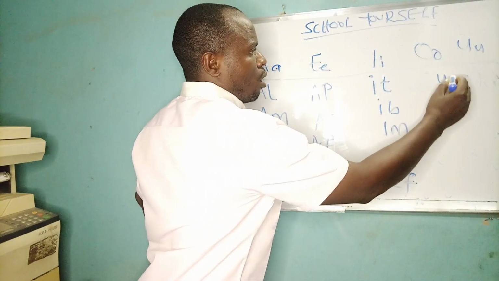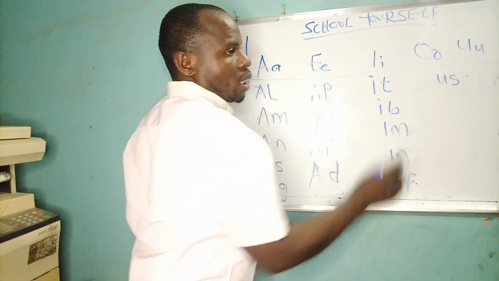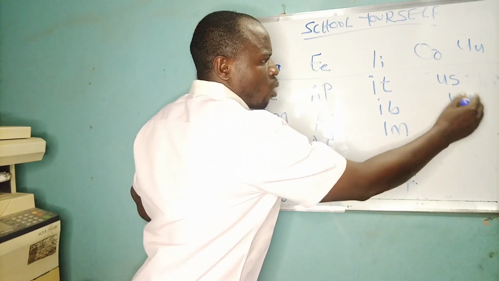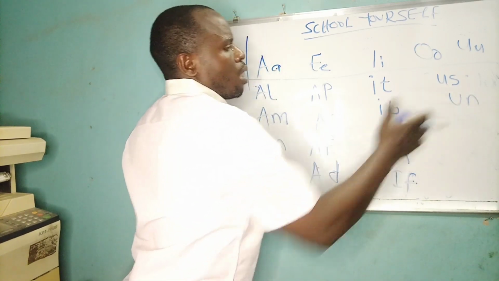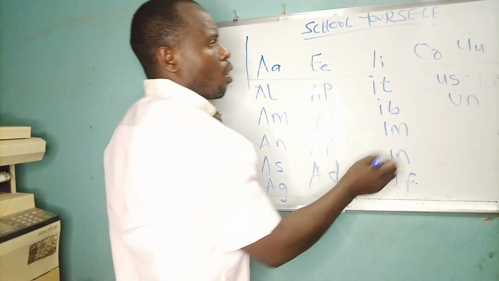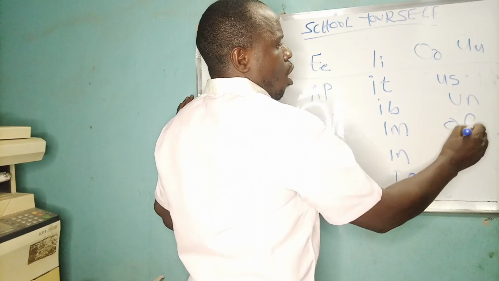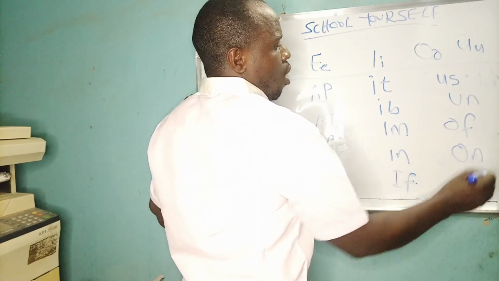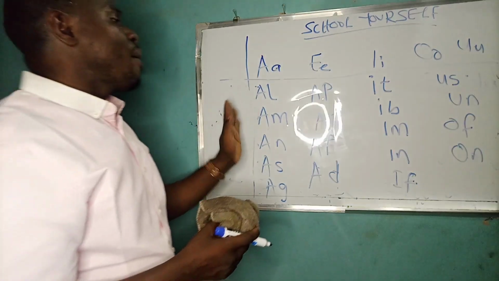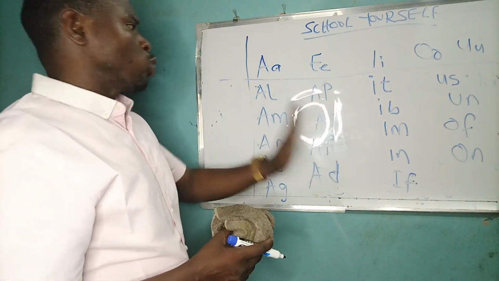Let's see O with S, os. When you have this U with N, un, I think we are using a non-conventional method. On. O with F, off. O with N, on.